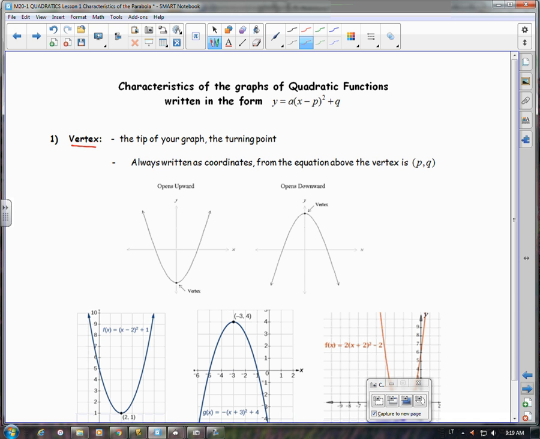And the vertex, always written as coordinates, from that equation, that's where that P and Q come from. So this particular form of the equation is very useful, because reading that form of the equation, we can tell exactly where that highest or lowest point is. Okay, so our vertex here, if it opens downward.